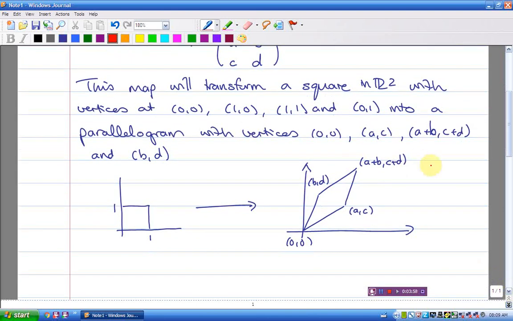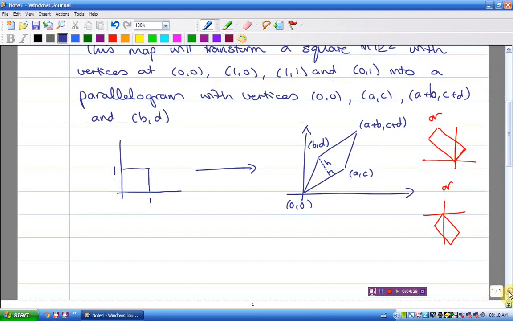Or we could have got something like that, or something like that. There are obviously many options depending on what your A, B, C, D are. But I'm going to look at this one over here. There's my height. I've dropped a little perpendicular there. What I'm interested in is the area of that image, the area of the parallelogram.